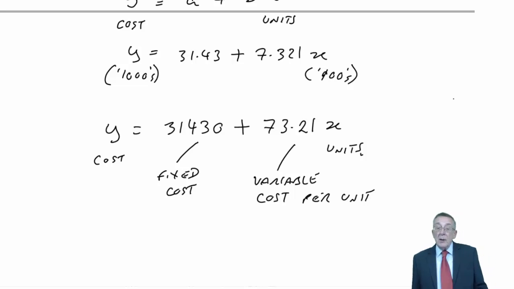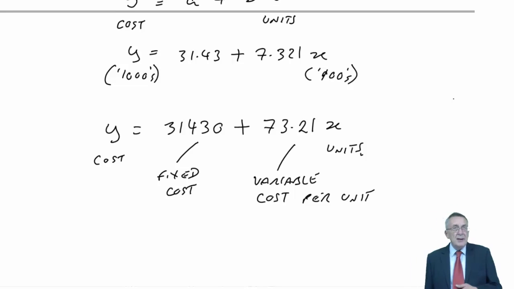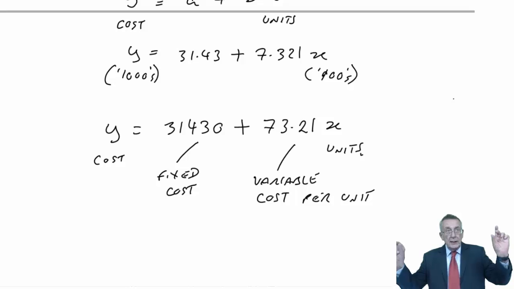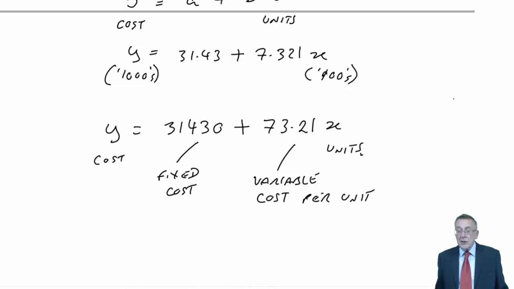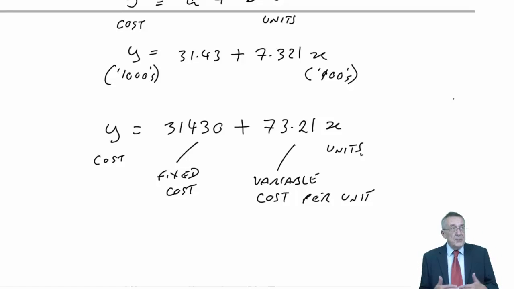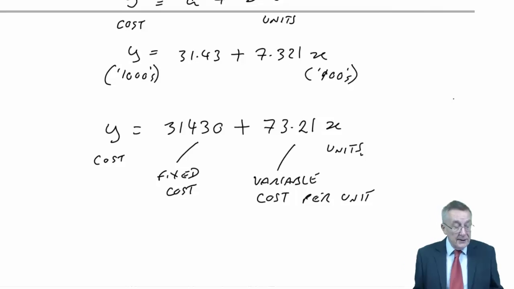When we did high-low, we did get an answer a bit different. I have a feeling the variable cost was 75, not 73. But of course, they will be different. As I said from the very beginning, high-low only looks at the two extremes. This is a more accurate approach, a better approach. We've looked at all the values. And so I wouldn't expect to get exactly the same figures.